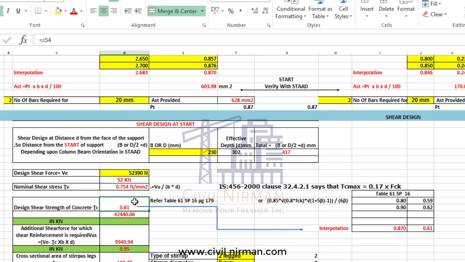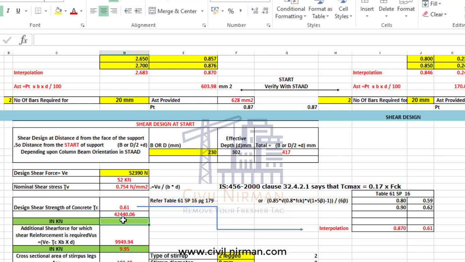As I told you, your shear capacity of the section, tau c, we get based on the percentage of steel and grade of concrete, right? Our shear force is 52390 Newton, or we can say 52 kilonewton, right? Now based on the tau c value, I have converted that stress into force. So tau c multiplied by your cross sectional area will give you the value in terms of force. Simple. So 42.44 kilonewton is the value.